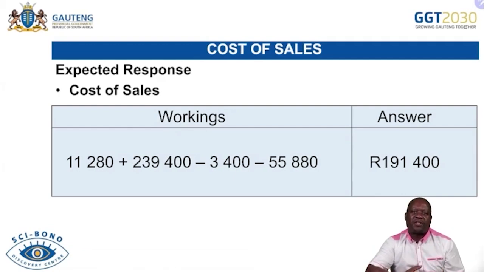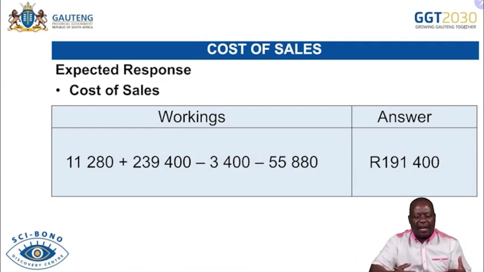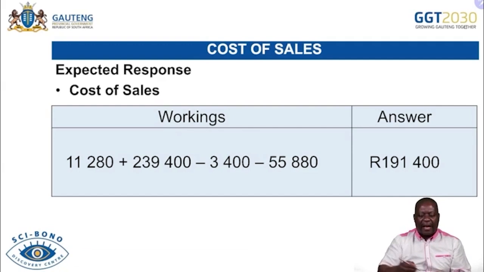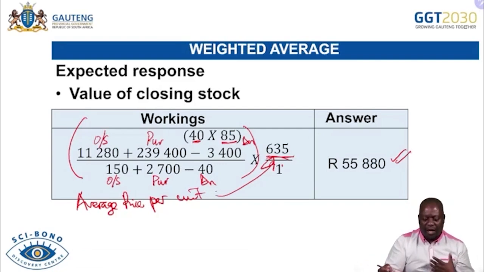Weighted average. Let's find an average price. The value of our stock divided by the number of stock items available. And then when that is done, we can find our value per unit. Having the average price per unit, we multiply by the number of units, we get it. So that's how it goes.